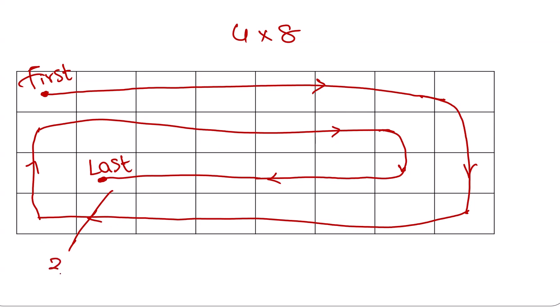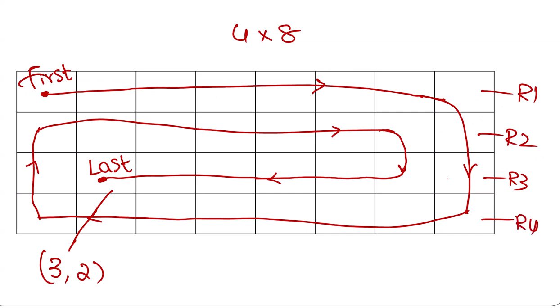Third row, second column. This is row 1, this is row 2, this is row 3, this is fourth row, last row. This is first column, second column, third column, eighth column.